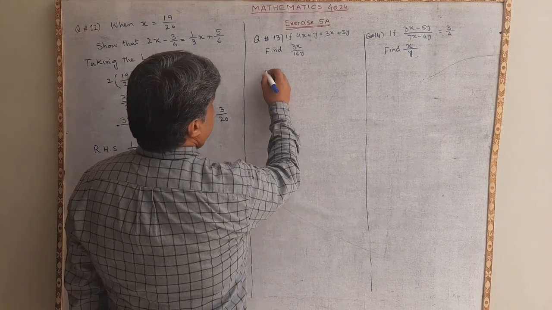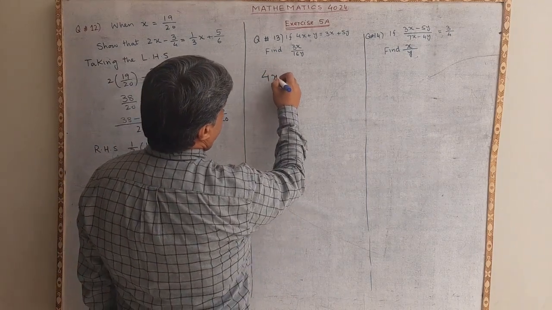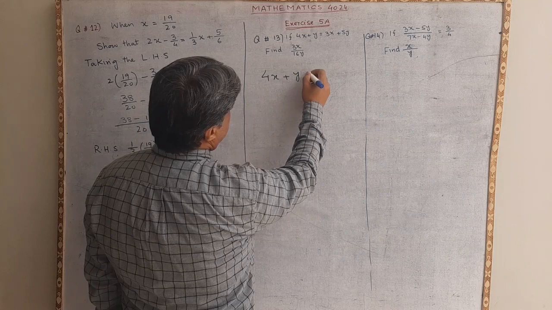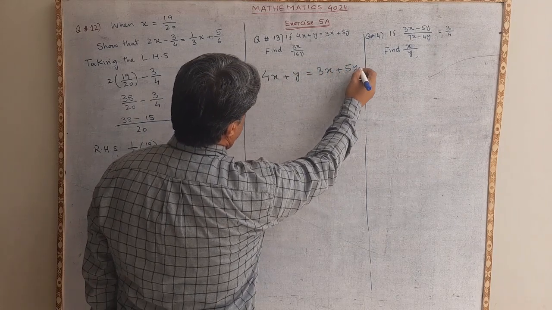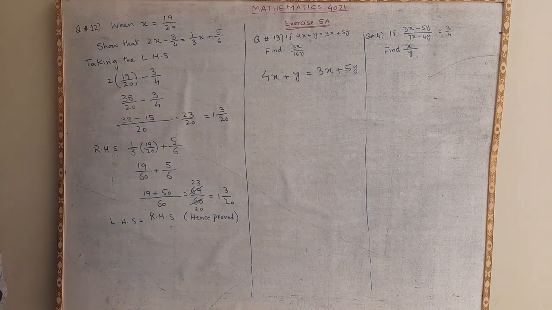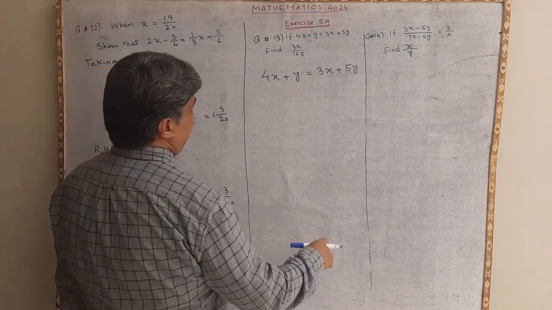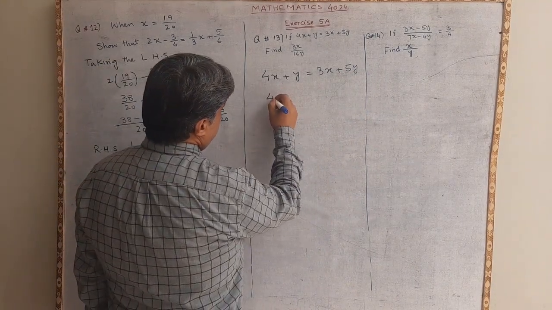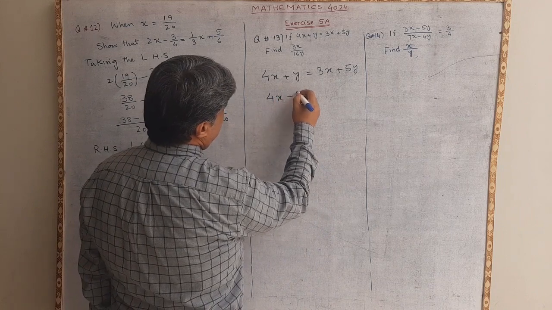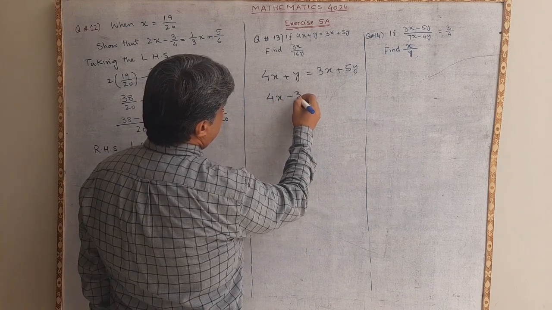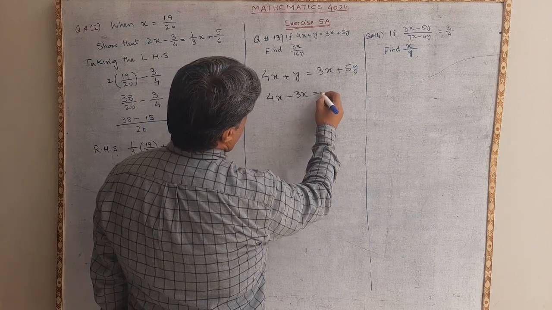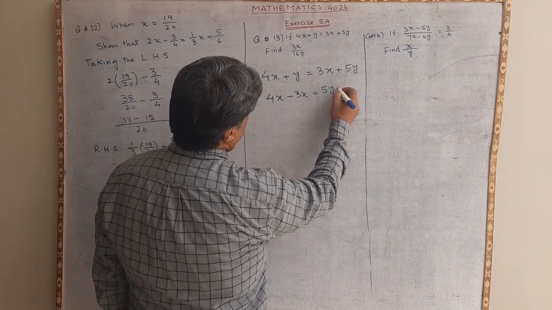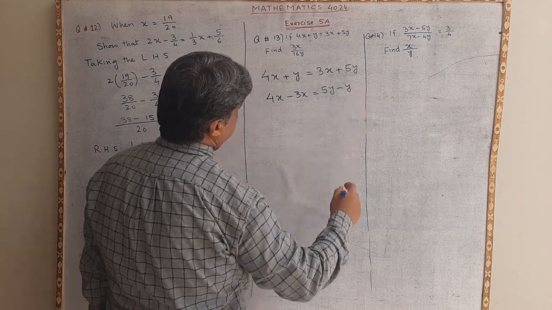So first of all, we are taking 4x plus y is equal to 3x plus 5y. Here we are taking 4x minus 3x is equal to 5y minus y.